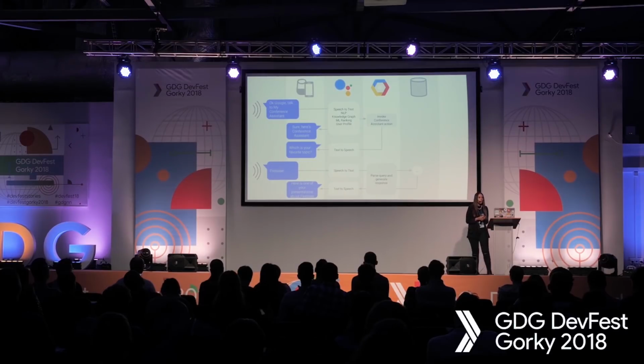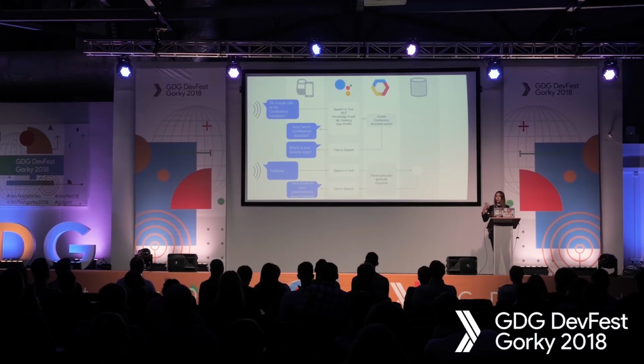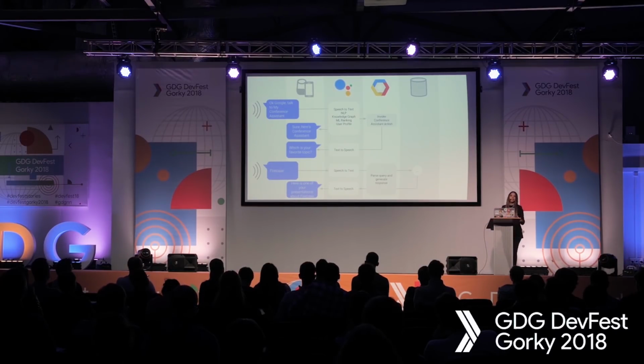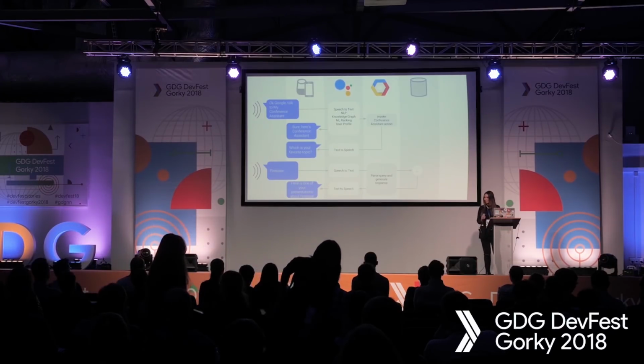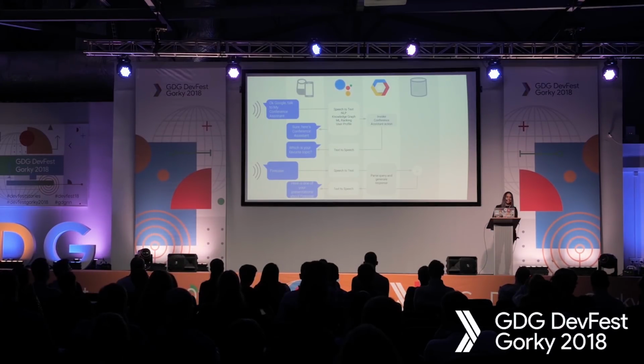First of all, we have our device, okay? As I mentioned before, you can use your Google Assistant, or you can use your own device, your smartphone. So basically, I'm going to start by asking for an action: okay, Google, talk to my conference assistant. It sounds really nice, right? I have my own conference assistant.